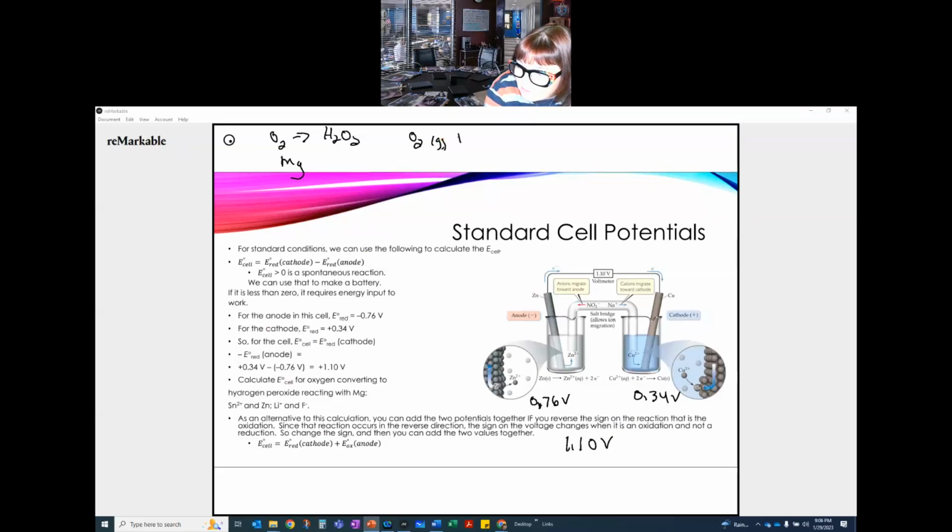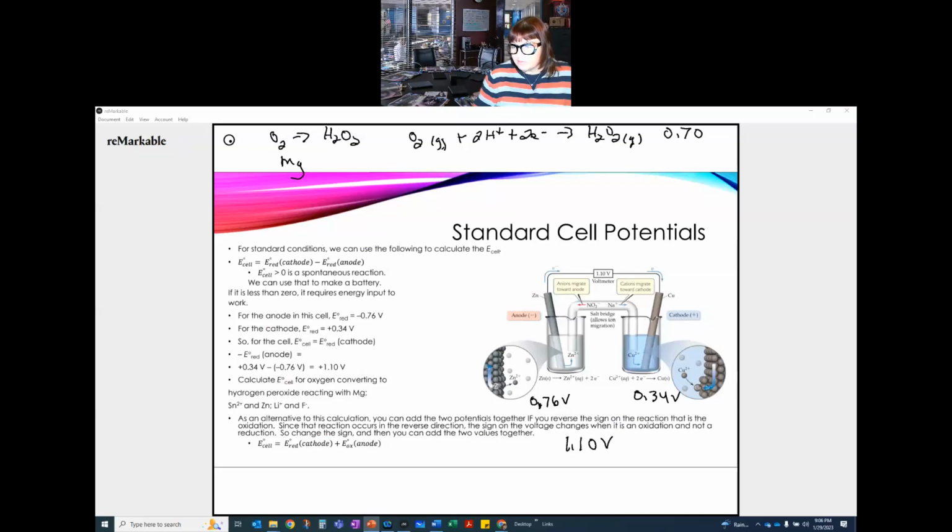O2 gas plus 2H+ plus 2 electrons gives me H2O2. As written, that is 0.70 volts.